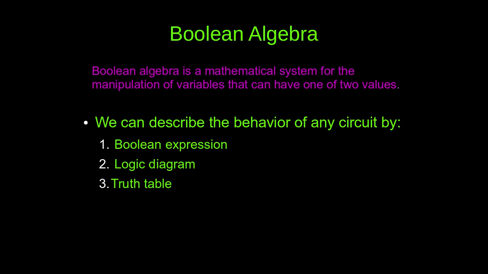And we use different Boolean algebra operators for it, and we're going to cover them in the next slide. We can describe the behavior of any circuit, and here what do I mean by circuit? A circuit is, for example, a CPU, FPGA, GPU, a tablet, a cell phone.